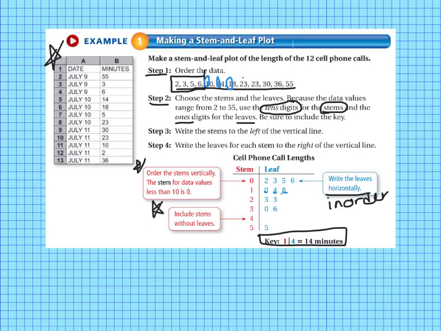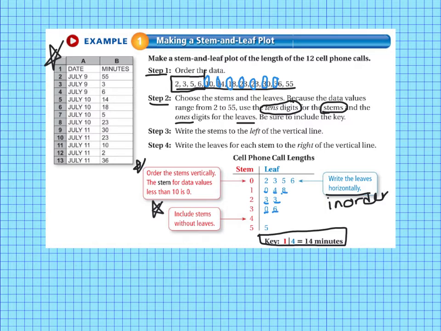And for the numbers that are in the 20s, there's 2 of those, and they're both 23, so we write 2 3s. So remember, even if they're identical numbers, you have to write them both times. And then 30 has 2 numbers, so we write the 30 as a 0 and the 36 as a 6.